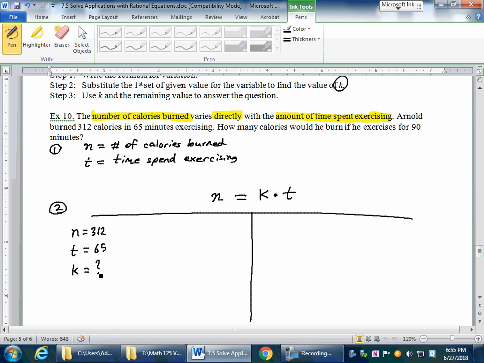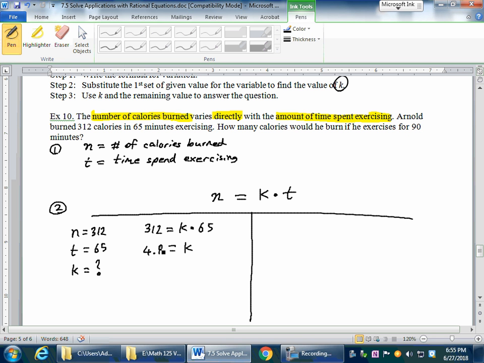So plug it into the formula, that will become 312 is equal to k times 65. And if I divide both sides by 65, which is 312 divided by 65, that gives me 4.8. Now we know the k already.